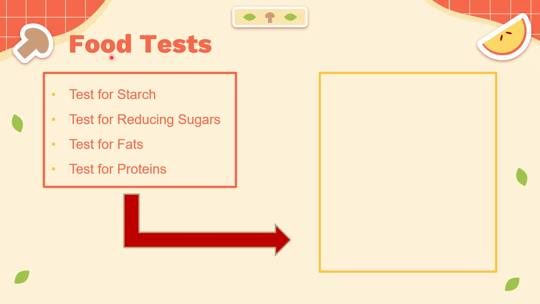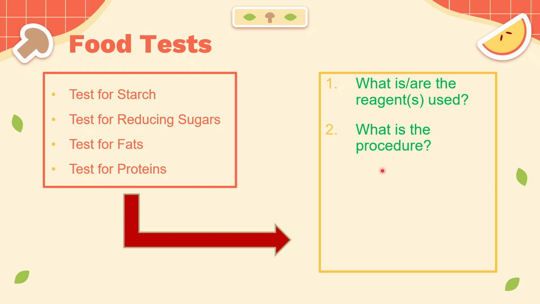When you test for each of them, you have to ask yourself 4 questions. Number 1, what is the reagent used for the particular test? Number 2, how do I describe the procedure? What is the procedure? What is step 1? What is step 2, step 3, 4, and onwards? Number 3, what is the observation that I should be looking at?